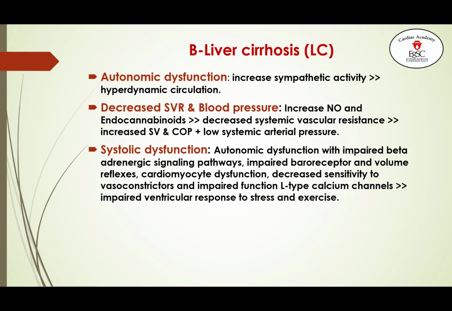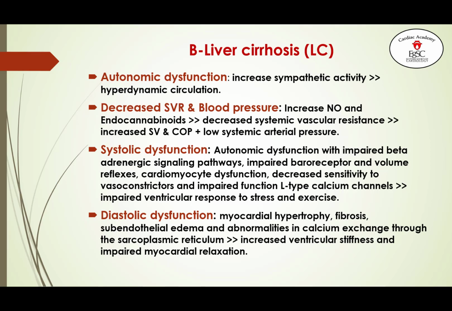It affects the systolic function, as autonomic dysfunction with impaired beta-adrenergic signaling pathway and impaired baroreceptors and volume reflexes, together with cardiac myocyte dysfunction, decreased sensitivity to vasoconstrictors, and impaired function of L-type calcium channel, all can lead to impaired ventricular response to stress and exercise.